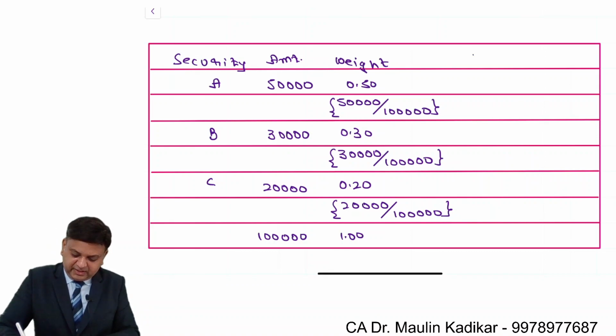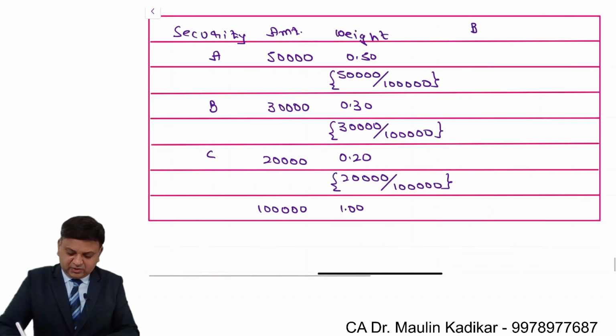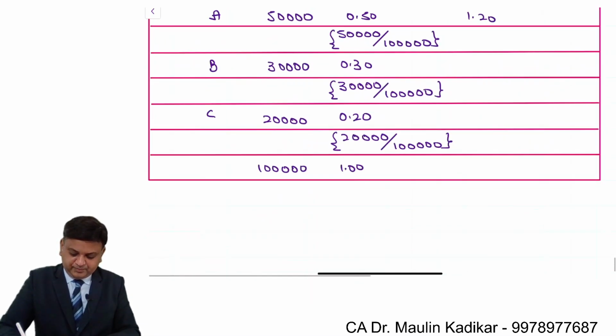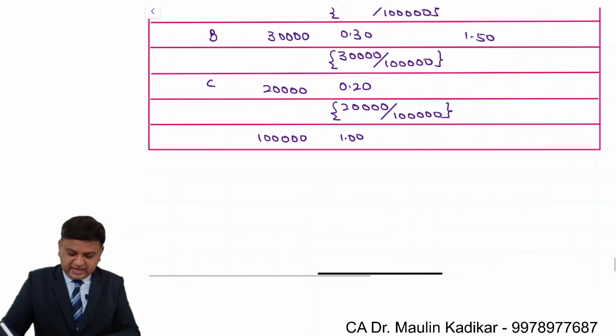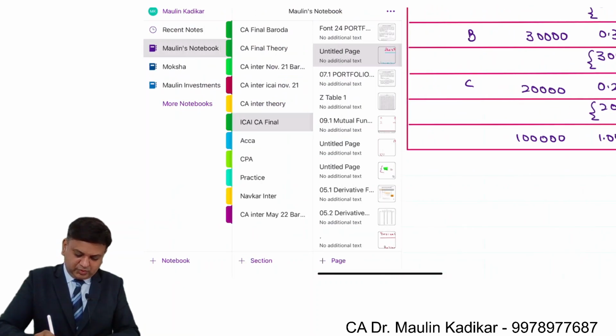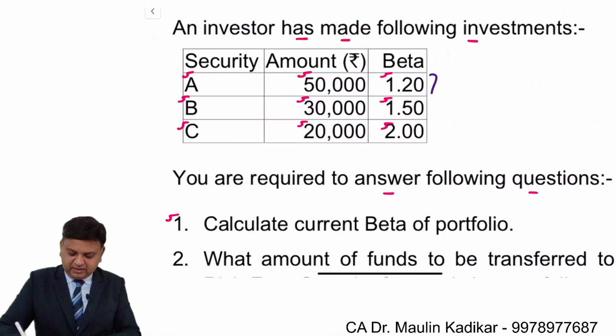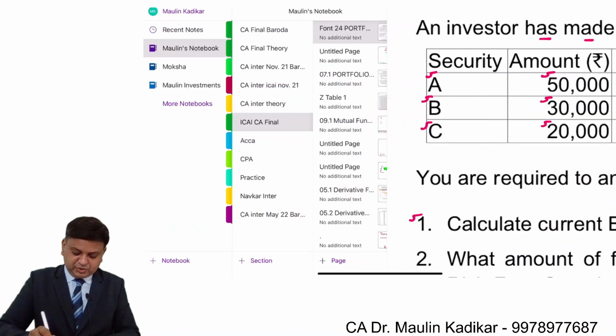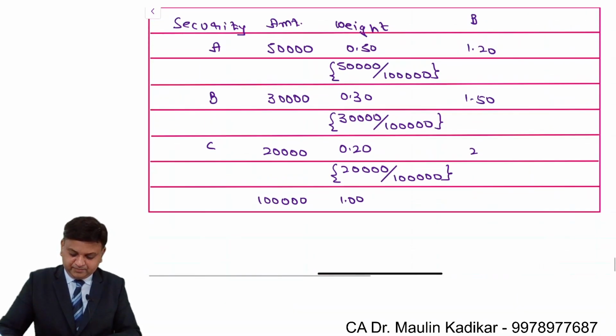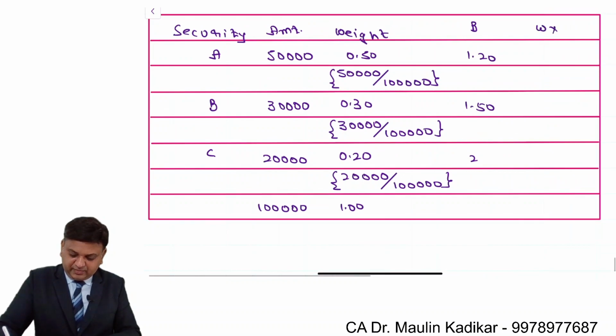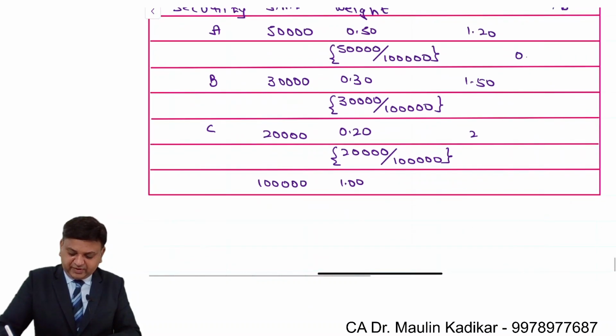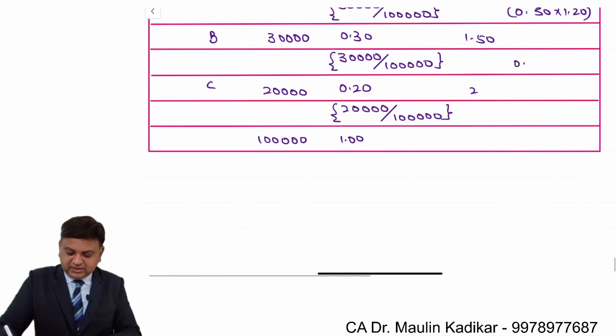Multiplying with the respective beta, that is provided to us as 1.20, 1.50, and 2. So over here, the beta is multiplied with the proportion in which the investment is made. So it is weight into beta. 0.50 into 1.2 comes to 0.6. 0.30 into 1.5 comes to 0.45.